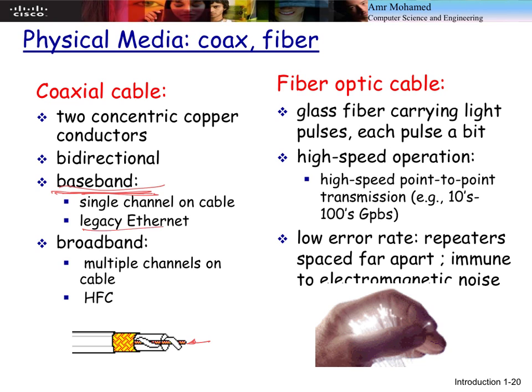Or legacy Ethernet. Legacy Ethernet used to use coaxial. Of course, not in your days, but very, very long in the past. People used to use Ethernet using coaxial cables without any hubs or switches.